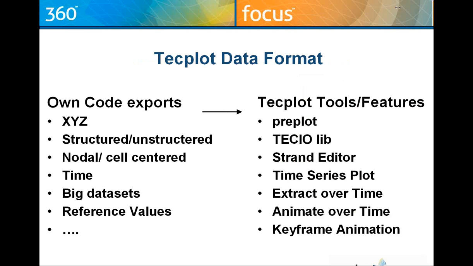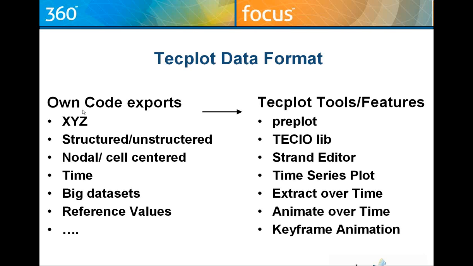So, what is it in detail that we are talking about here today? You have your own code and you would like to export your data. There are some format components which you can use in order to make your work easier within Tecplot.